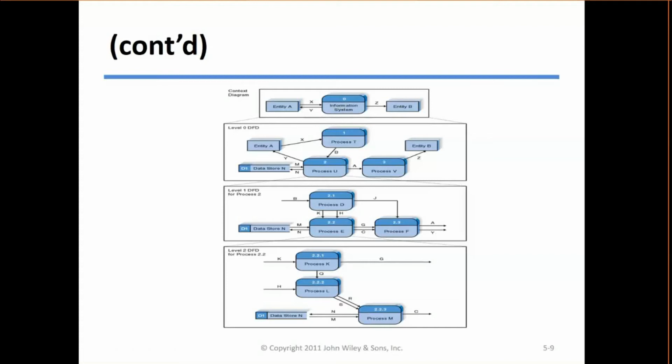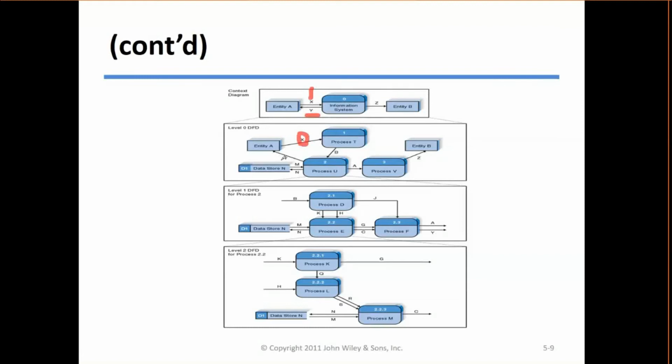If the next level is also 1 process, what's the difference? So the numbering will start from 1, 2, 3. And my point of balancing was this. Balancing means, you see, x is in the context diagram level, so x must be here also.